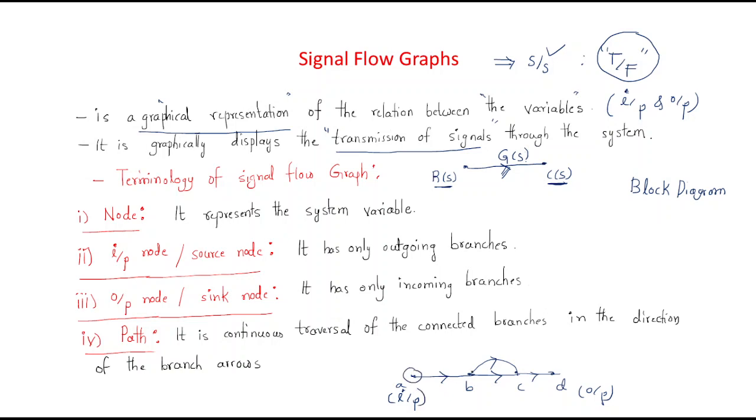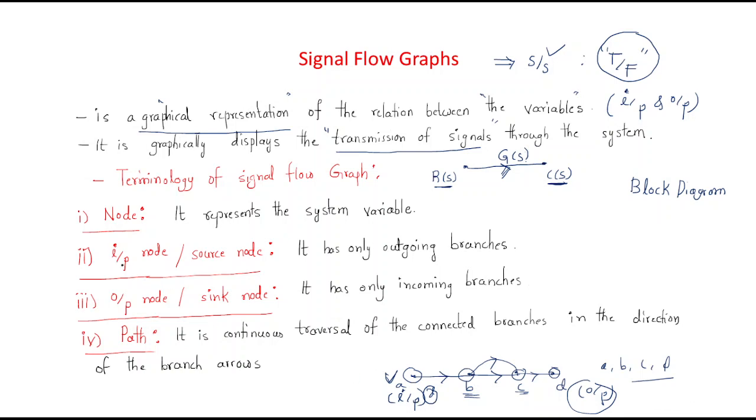These points are called nodes. A, B, C, D represent system variables, which may be the input, the output, or between the input and output variables.